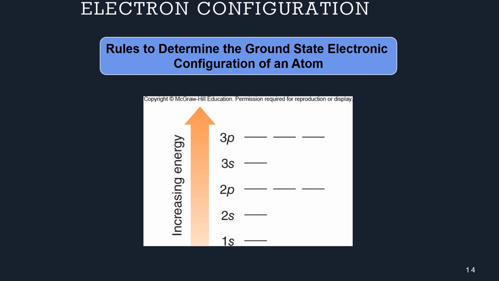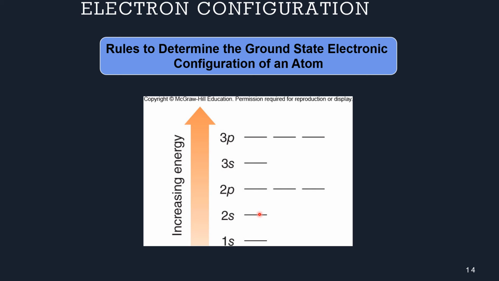All right, this is the fun part. You can draw one of these tables where you can put the electrons into place. Each one of these lines represents an orbital. We've got our 1s, with 1 orbital in the s subshell. 2s, our second shell, subshell s, has only 1 orbital.